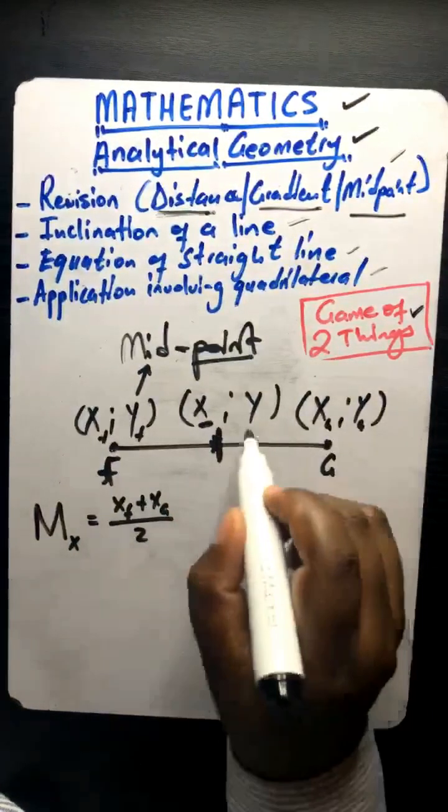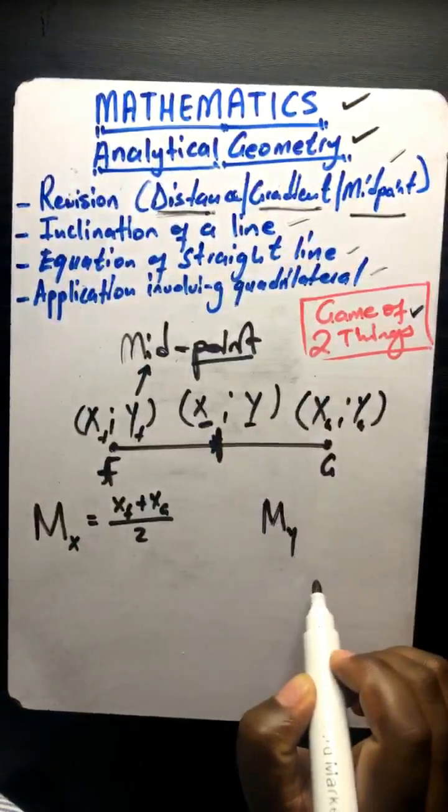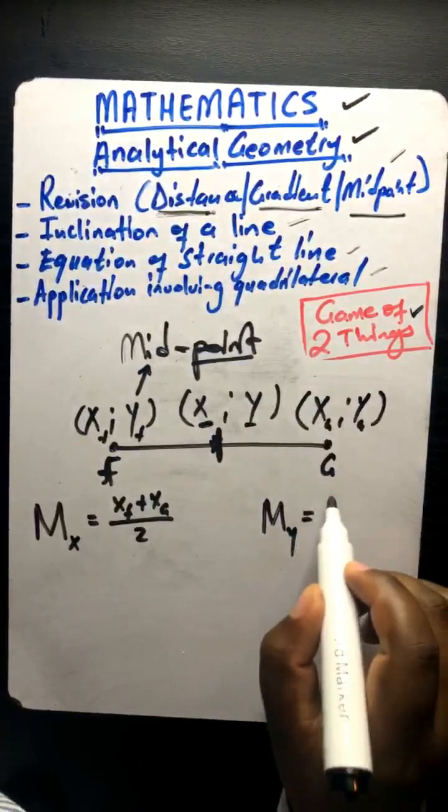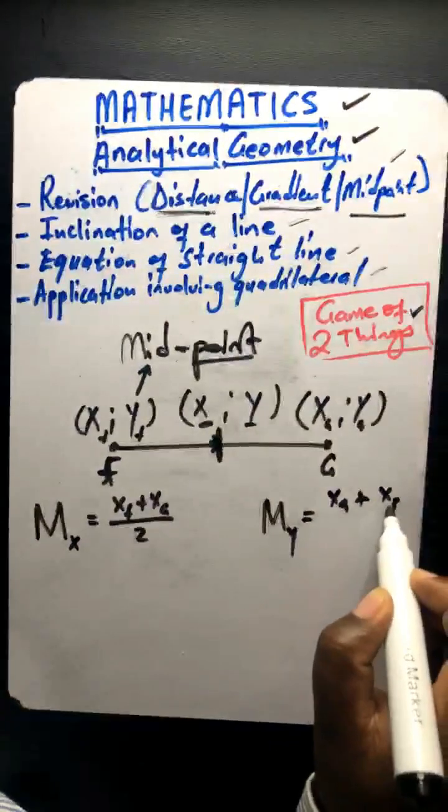Similarly, with the y value, you do the same, meaning the midpoint of the y value is going to be equal to y of G plus y of F, divided by 2.